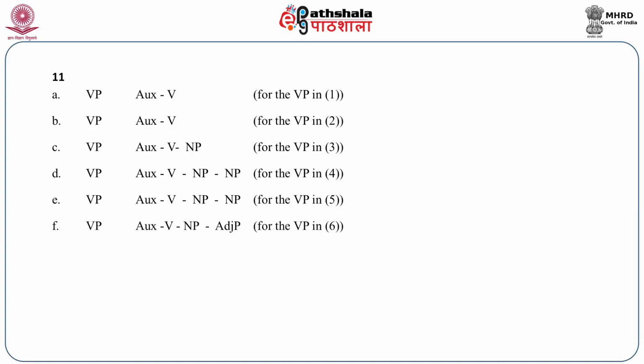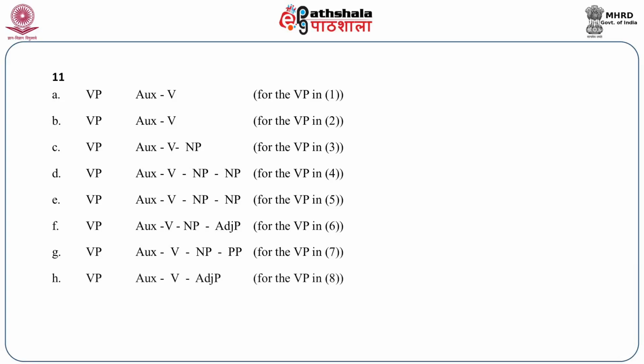In 11F, however, which is the rule for sentence 6, the main verb is followed by a noun phrase and an adjective phrase. For sentence 7, we have the rule 11G, where the V is followed by a noun phrase and a preposition phrase. Then in 11H, the main verb is followed by an adjective phrase, which is the rule for sentence 8.